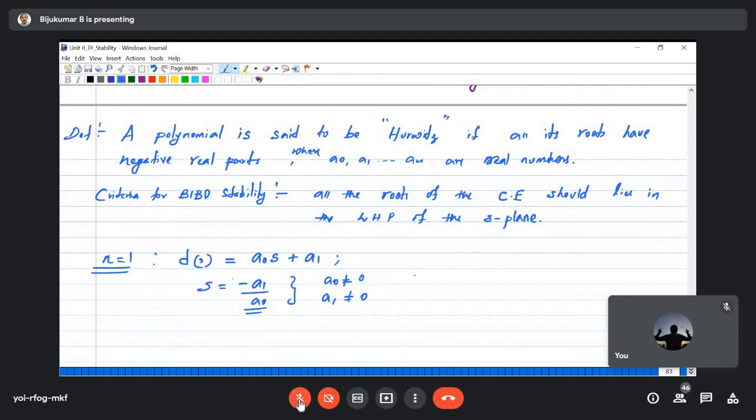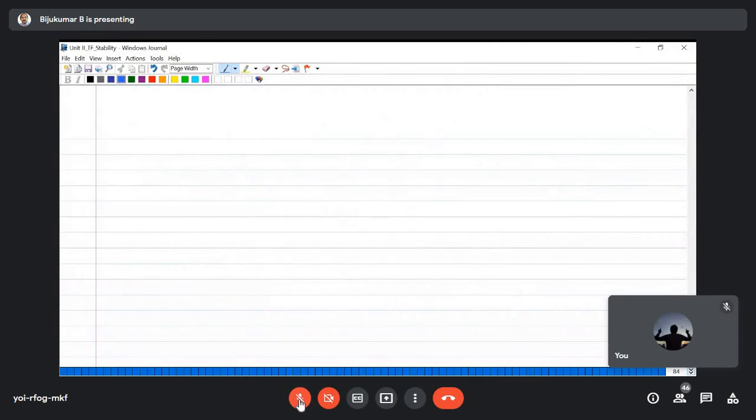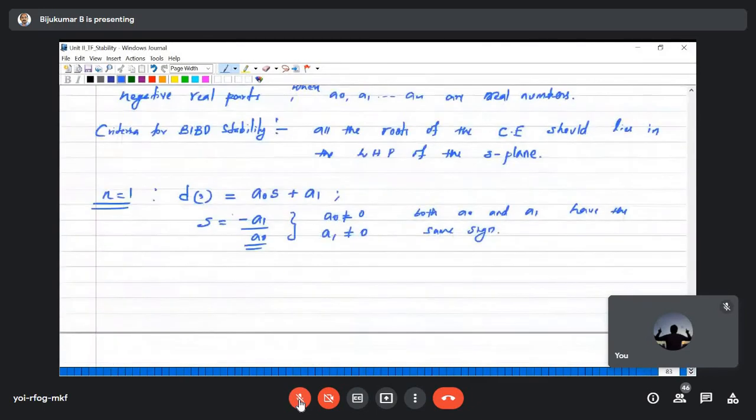And another condition is, yeah, both a0 and a1 have the same sign. Same sign, right? So using the polarity of these coefficients a0 and a1, we can simply judge whether the system is stable. For n equals 1, for a first order system, we can simply judge it, right?